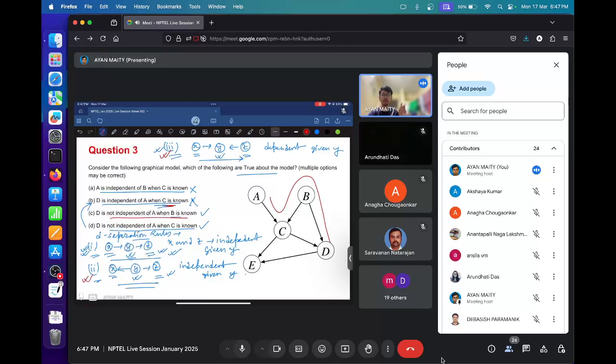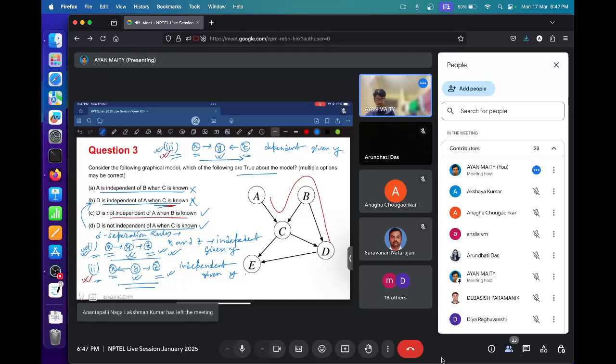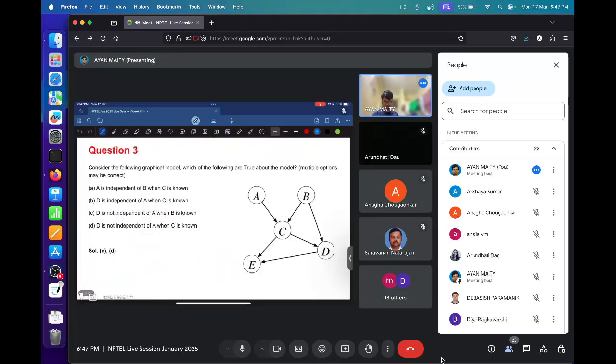If you can find at least one path which is not blocked, they cannot be independent. And if all the paths are blocked, then they have to be independent of each other. So correct options are C and D.